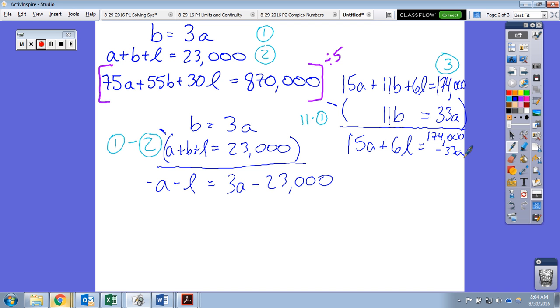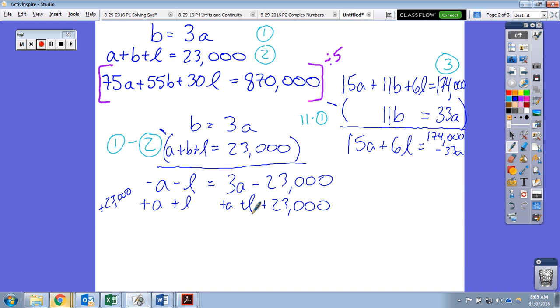Okay? So let me clean each of these up. So this guy here, I think it's just nicer to have all my A's and L's on one side. So it's all positive. I'm going to add A, I'm going to add L, and I'm going to add 23,000 to each side, right?